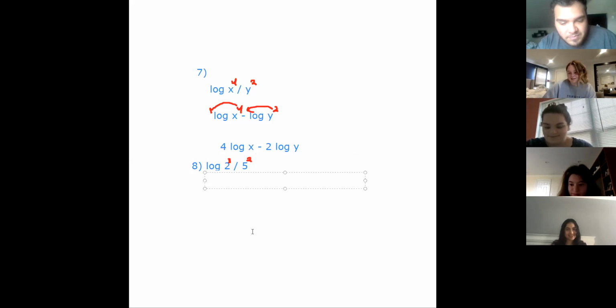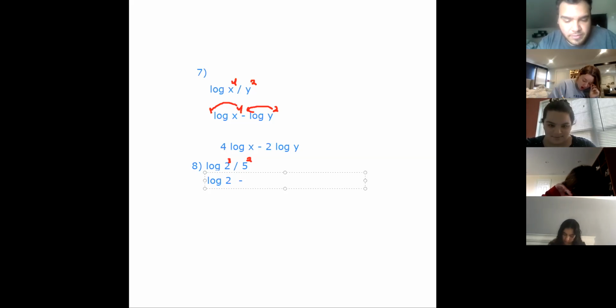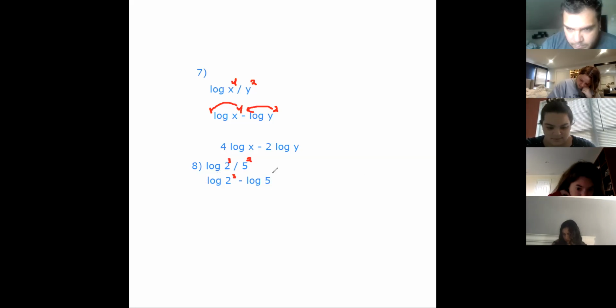See ya. I'm kidding. So first I'm going to separate this. So it's going to be log base 7 of 2 to the 3rd power minus log, I'm sorry, base 7 also, 5 to the 2nd power. Now our terms are by themselves, our exponents are by themselves.